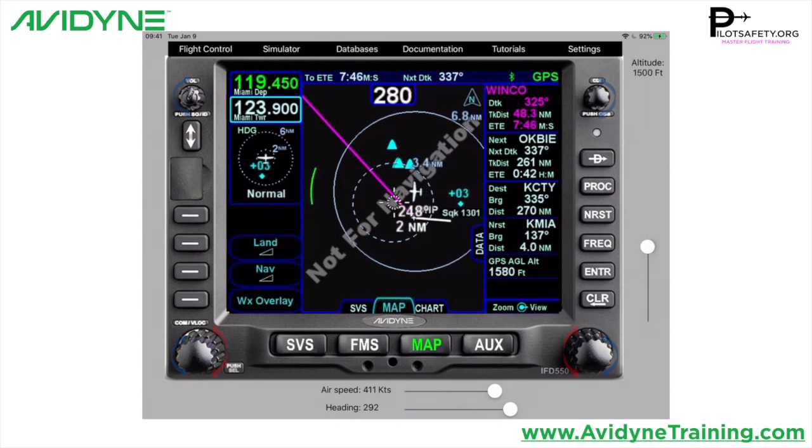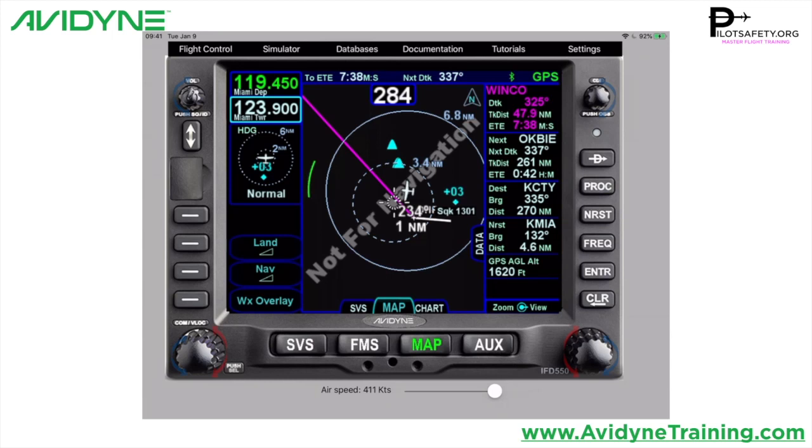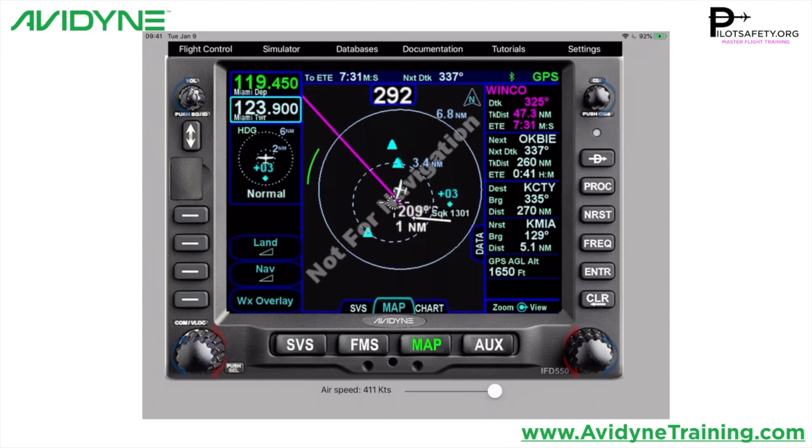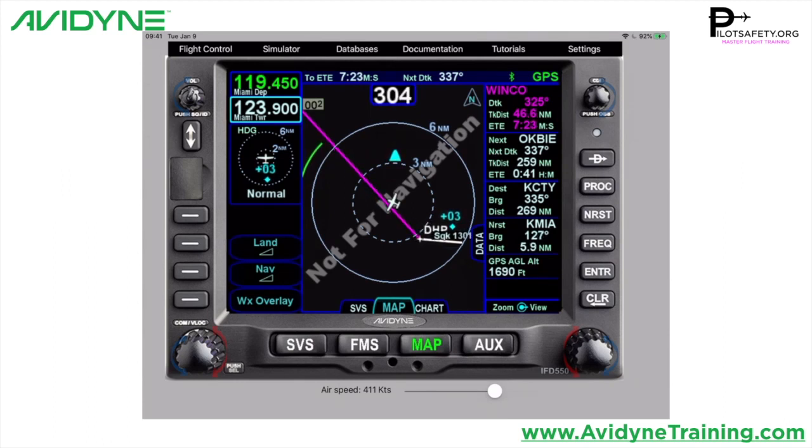And then we will tell the autopilot to go to GPS steering, and it will now intercept the Winco transition and fly our course. And that's how you would fly and program a vector-only standard instrument departure on the Avidyne IFD series.